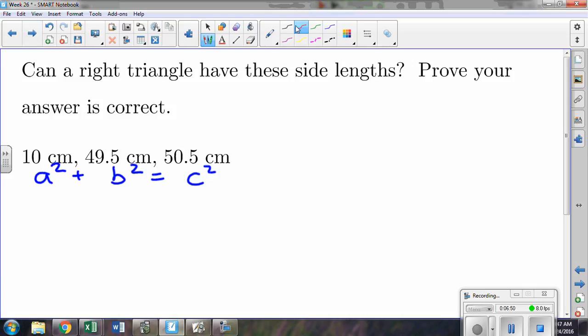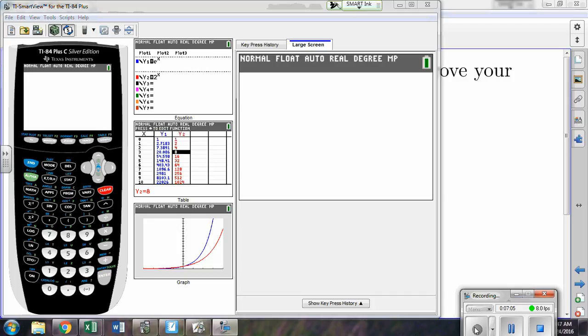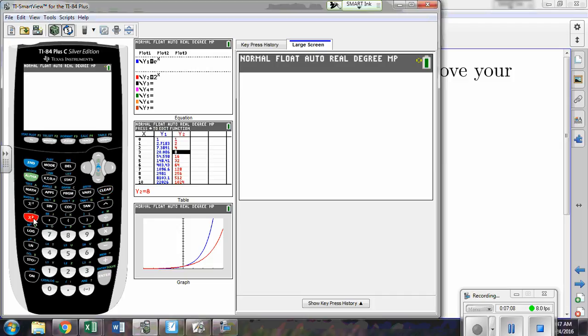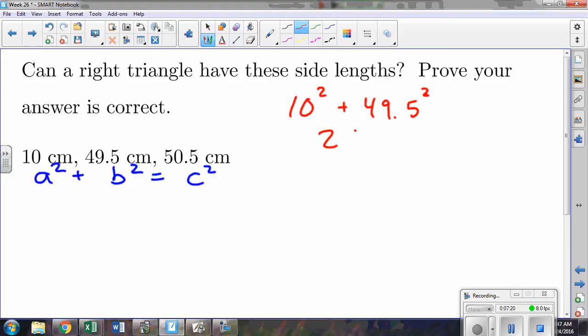So let's run through and start crunching our numbers. 10 squared plus 49.5 squared. And since we're using the calculator anyhow, let's do this all in one straight shot. Just type the whole thing into the calculator and see what you get. 10 squared plus 49.5 squared gives us 2,550 and a quarter. Does it actually equal 50.5 squared?